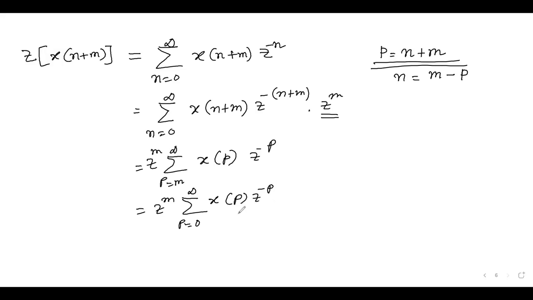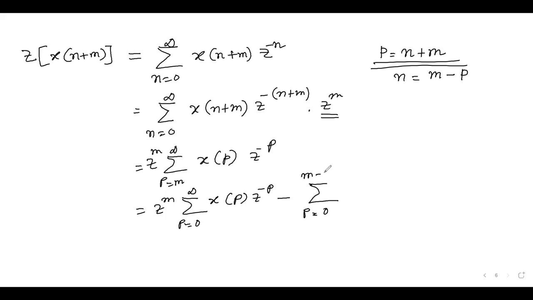Okay? So which terms have we brought in from outside? Which terms did we take from outside? So it will be p equal to 0 to infinity. Look, here it was m to infinity, so there is a missing term of 0 to m minus 1.